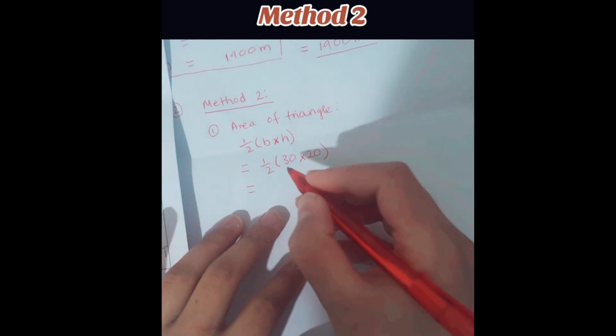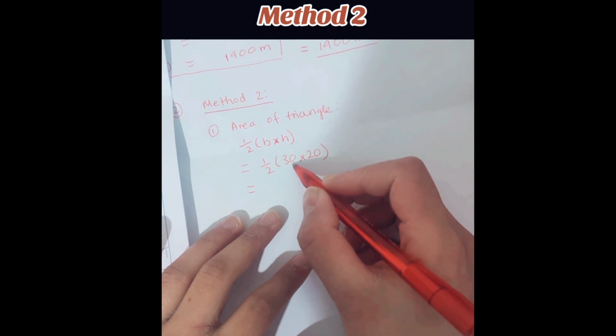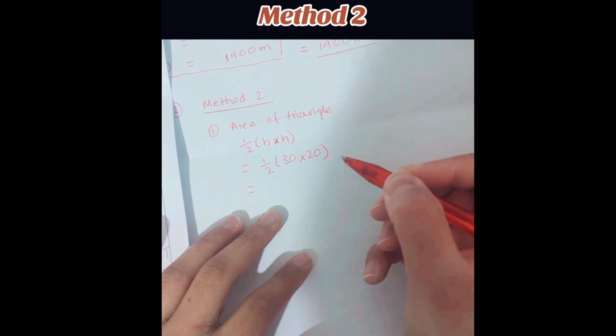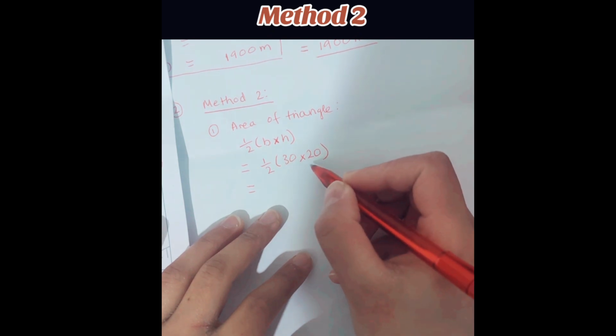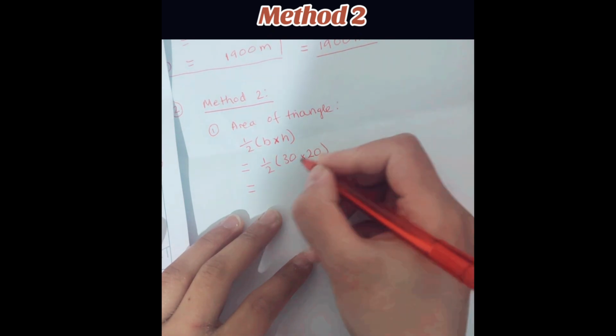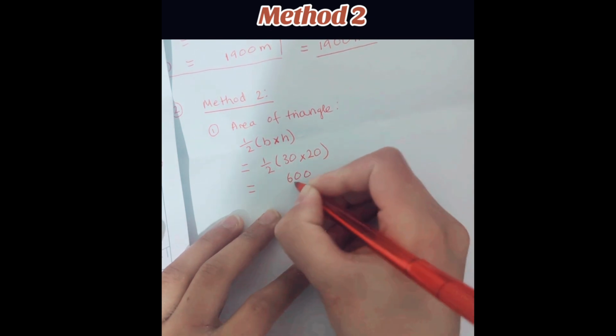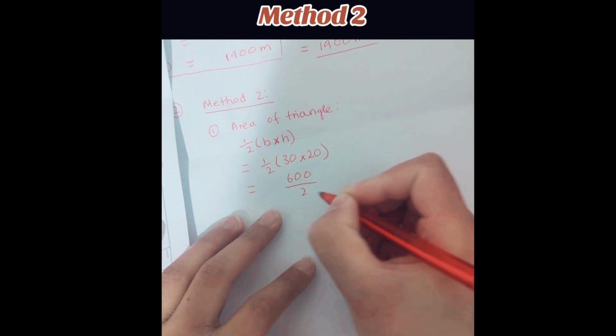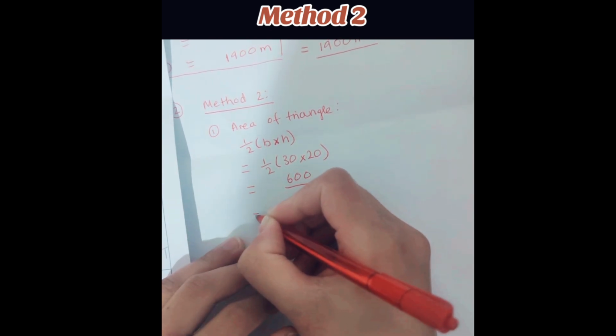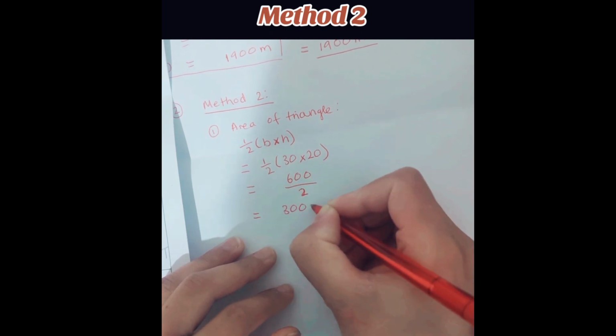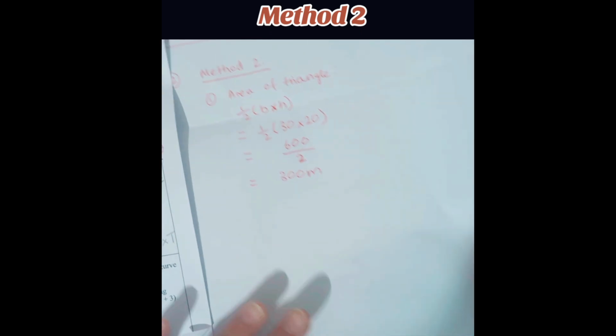So calculating this, again, we can do it many ways. So I'll just do the multiplication bit first, then half it. So 30 times by 20 gives us, if we just do 3 times 2 is 6, add the 2 zeros, it's 600, and then still dividing by 2 in the end, which gives me 300. Okay, and again it is meters for that triangle.